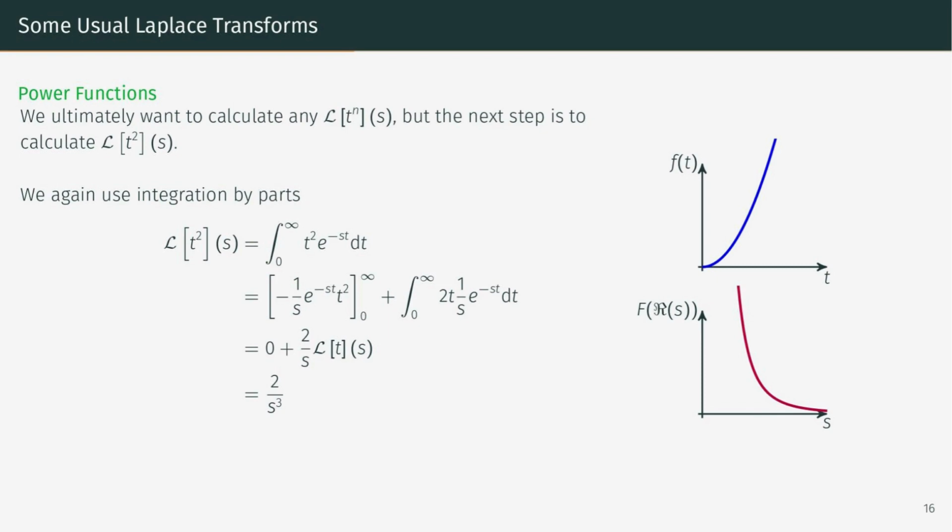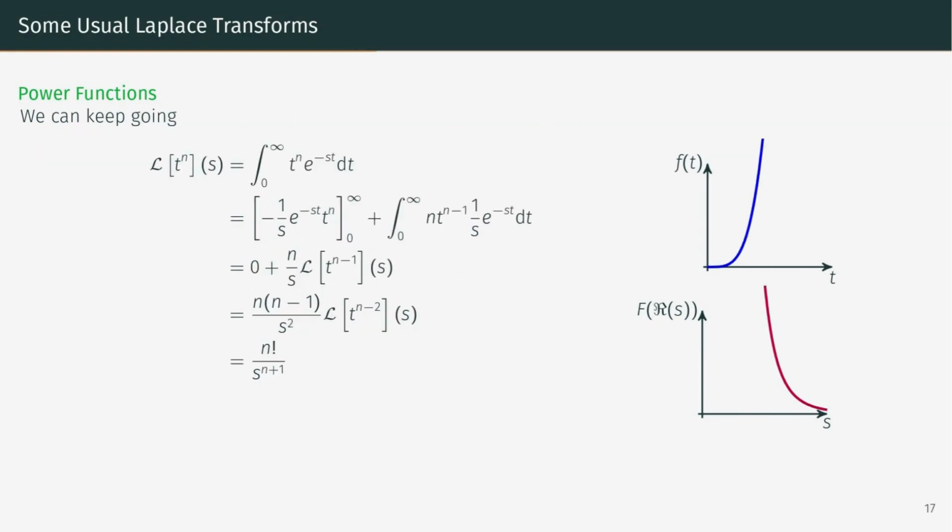This then gives 0 plus 2 over s times the Laplace transform of t, which we know equals 2 over s cubed. The top graph shows the graph of the function t squared, and the bottom shows the graph of this Laplace transform for real values of s.